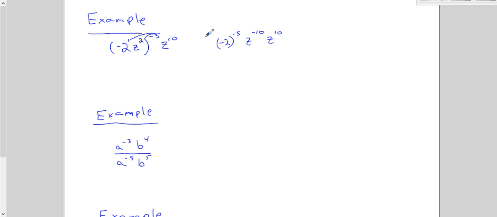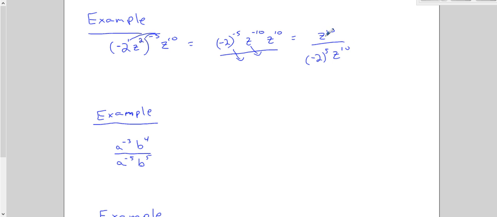These are both negative exponents, so I'm going to create my own fraction because I've got this positive exponent over here that's going to stay on the top. Both of these are going to go down to the denominator of this fraction that I've created. So I'm going to get z to the 10th over negative 2 to the 5th times z to the 10th.